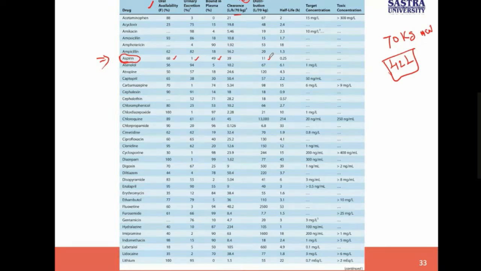You asked me to explain again, I explained, and you said that you understand what volume of distribution is. Somebody can try. See, we are discussing distribution. Now I am asking, if the volume of distribution is 11 liter per 70 kg for aspirin, what does it mean?